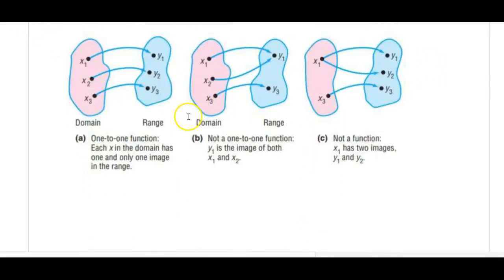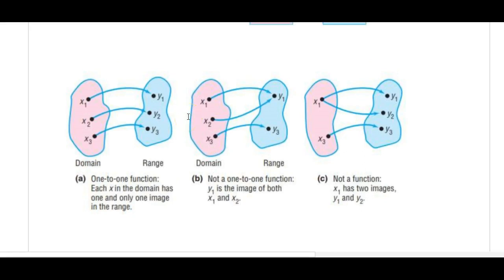So if you look at the mapping diagram down below here, what you'll see is this function is 1-to-1 because each input is paired up with one y value, or output value. Now letter B here, if I look, this x1 is paired up to y1, this x2 is also paired up to y1.